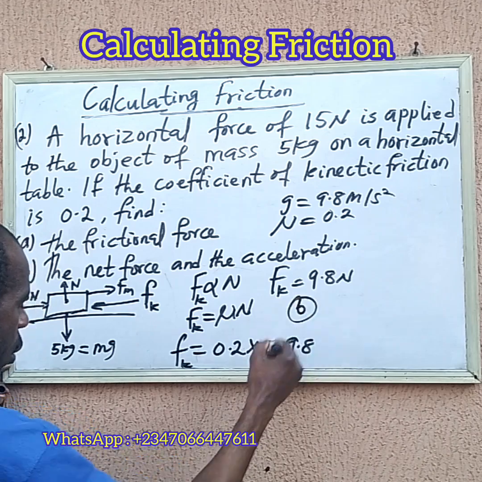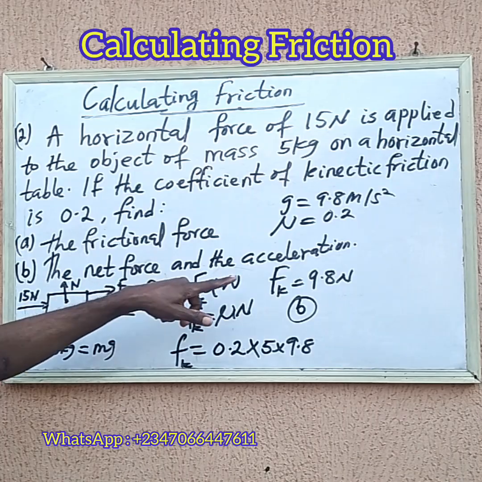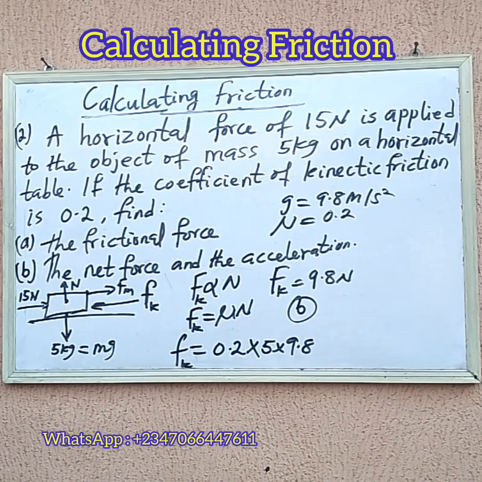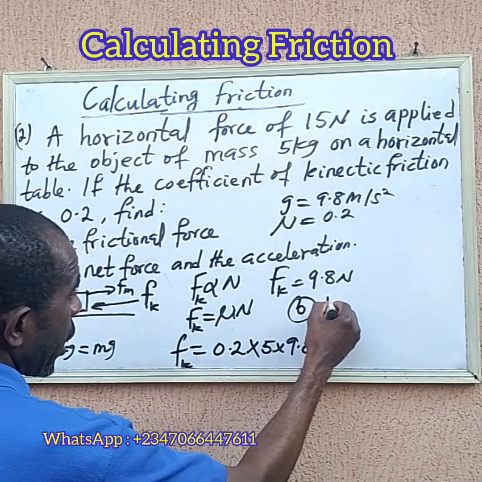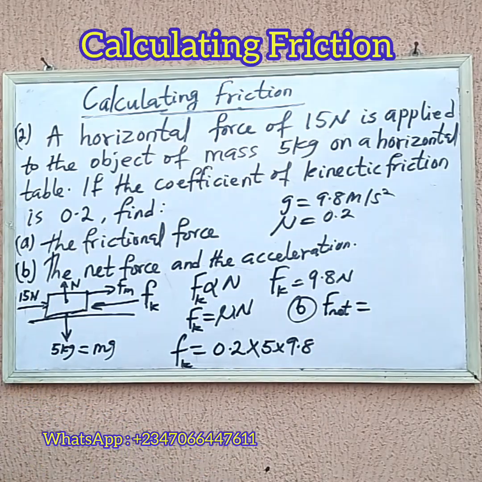Good. Now let us look at part B, which says find the net force and acceleration. Let's first find the net force, F net. It is equal to the difference between the applied force and the frictional force.